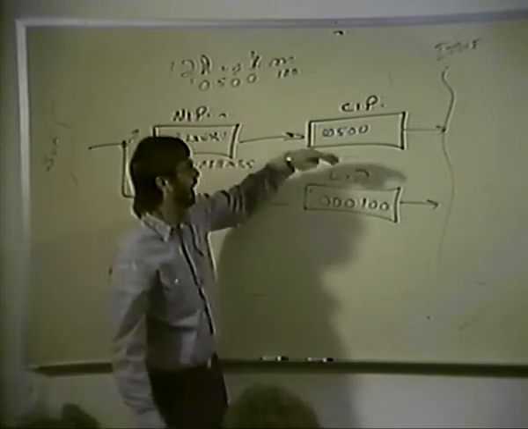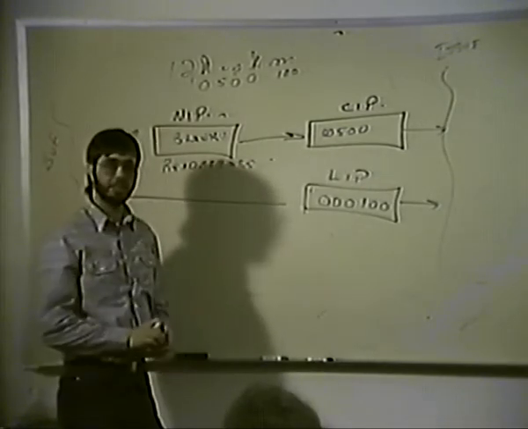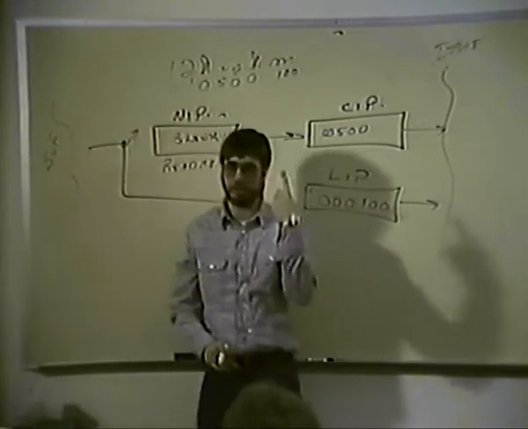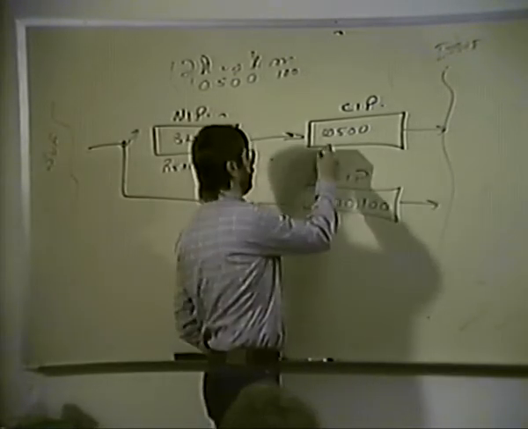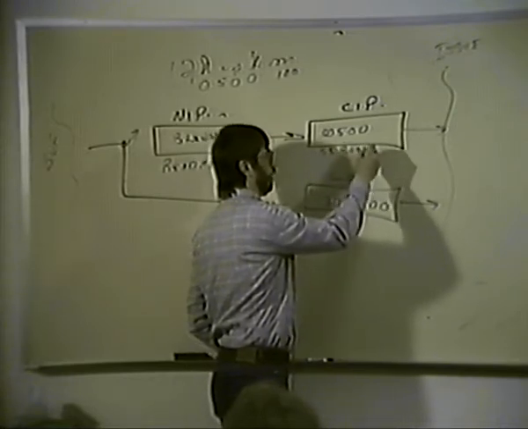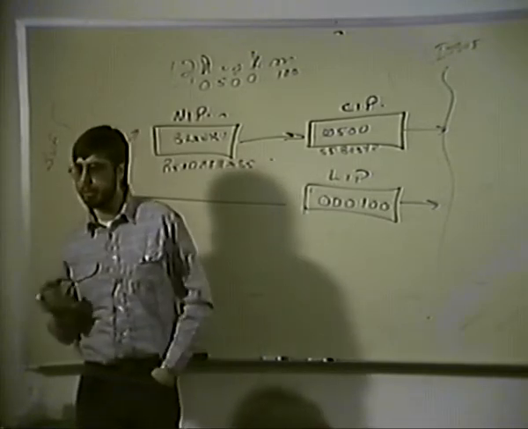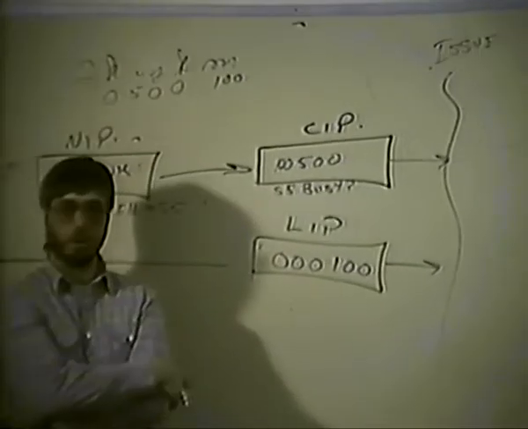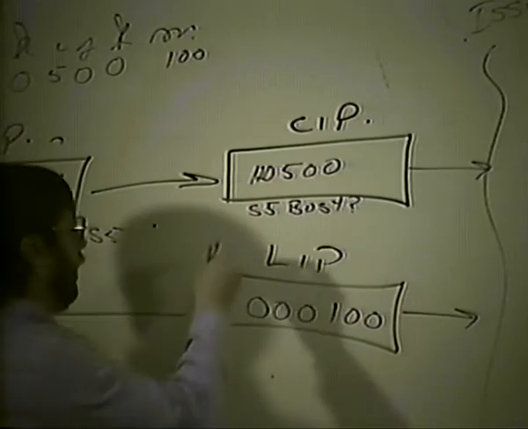All right, now we've got this instruction in CIP. Now we can check for a reservation and conflicts on those reservations. First of all, what is one of the reservations we have to check? S5 busy. If S5 is already reserved, busy with some other operation, we won't be able to issue this instruction. What else do we have to check? Right.